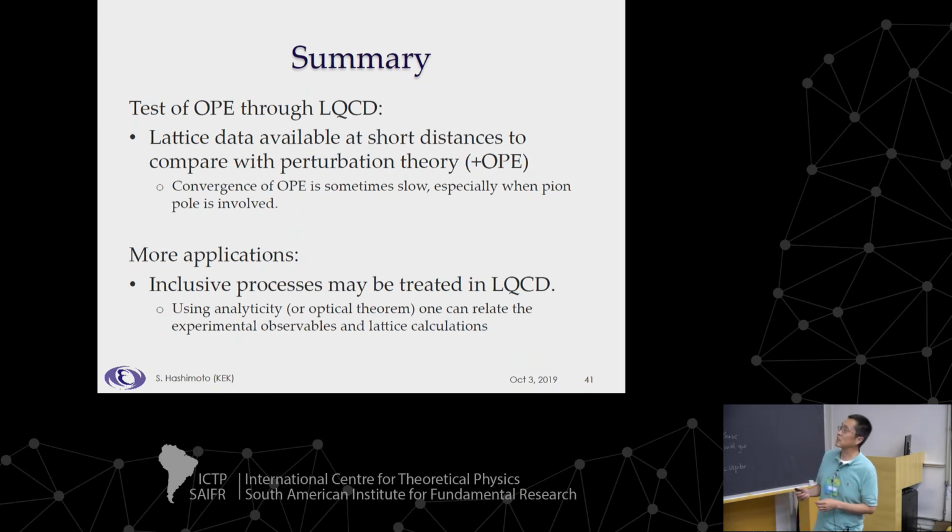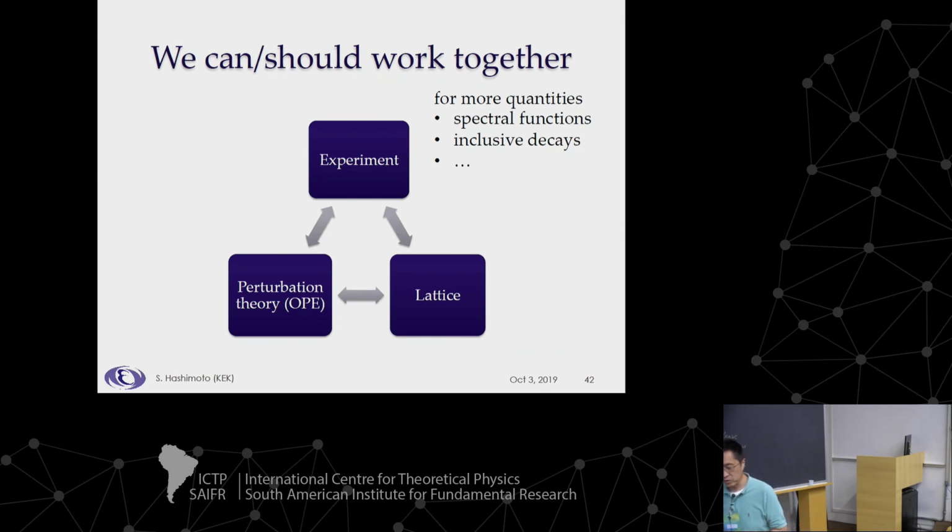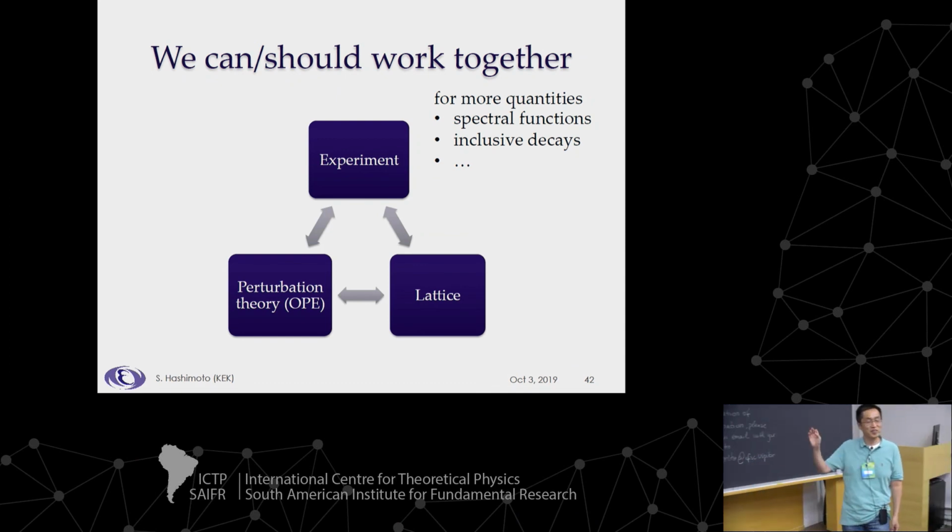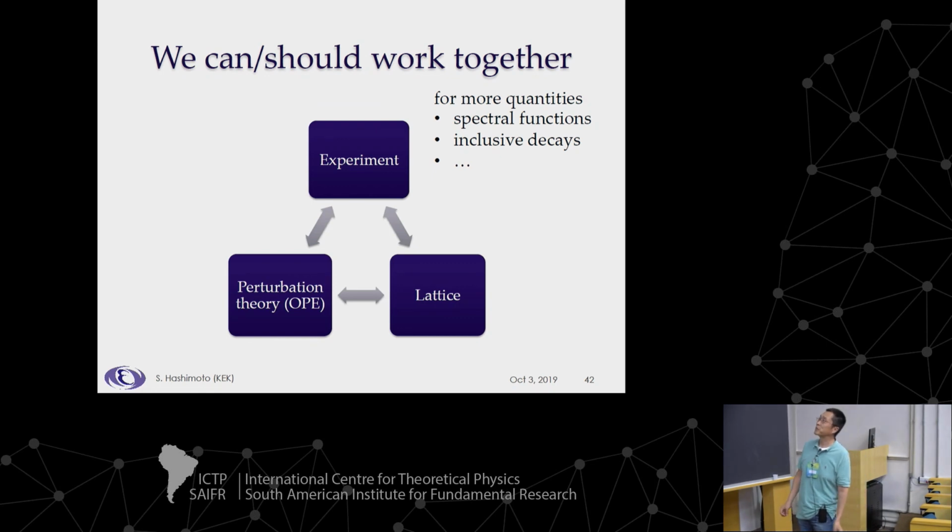So it's very nice to have the comparison between the known theory and the lattice. And we have more applications; I am now thinking about inclusive processes using lattice QCD. For many quantities, I wish to have this situation where experiment, perturbative QCD and the lattice work together. Okay, thank you very much.